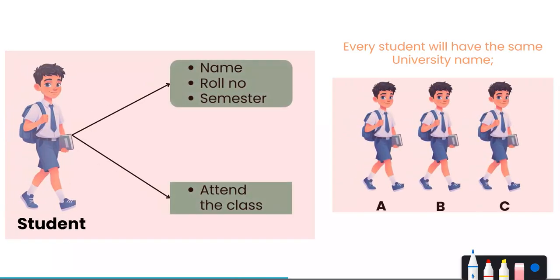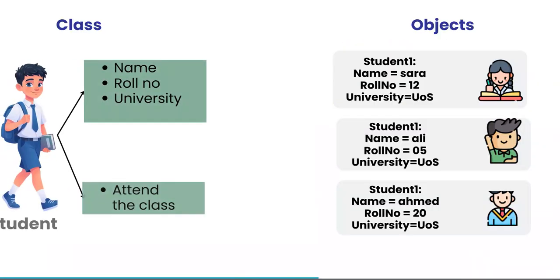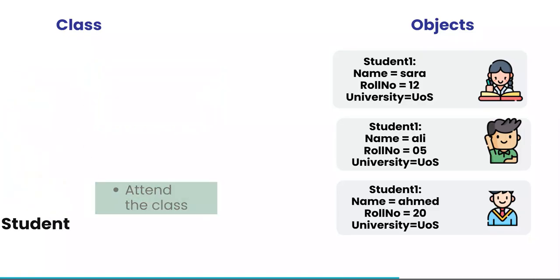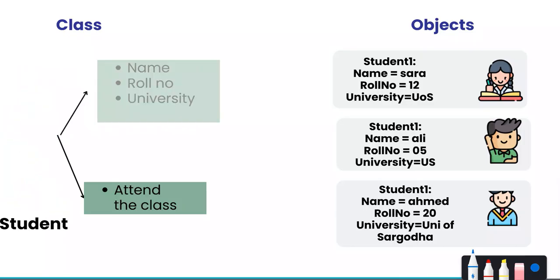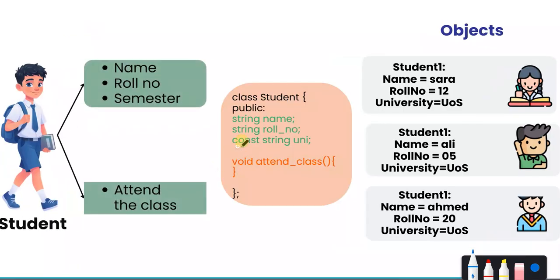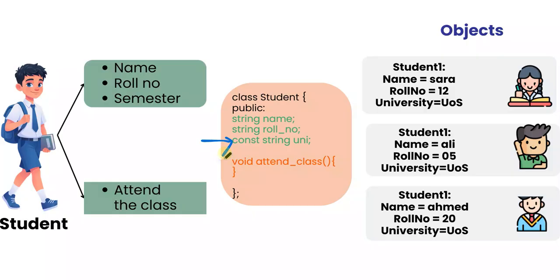And to keep that fixed, what we can do is use the constant. As you can see, we are declaring the uni as a constant, and when it is declared as a constant, it will have the same value with which it is initialized.